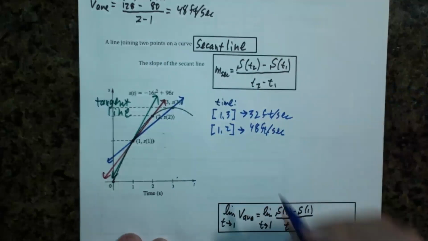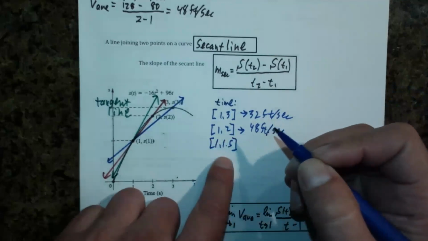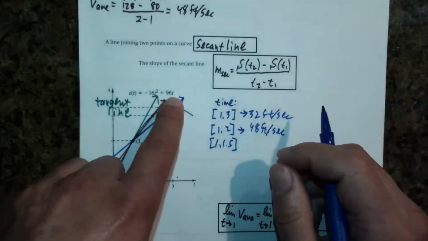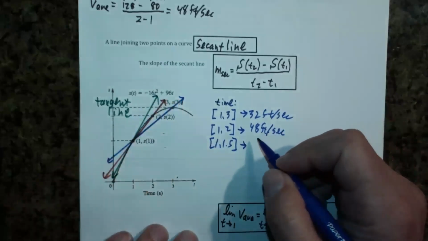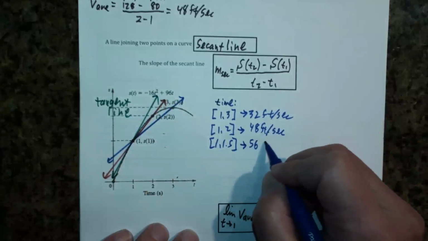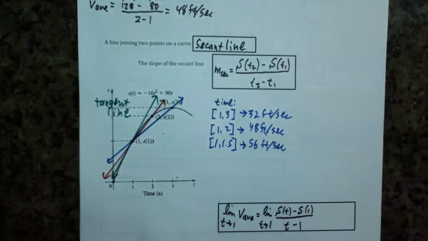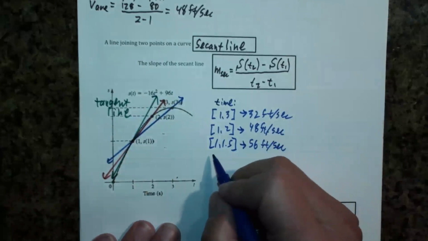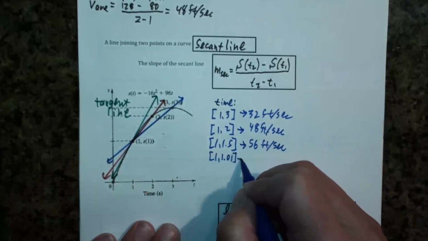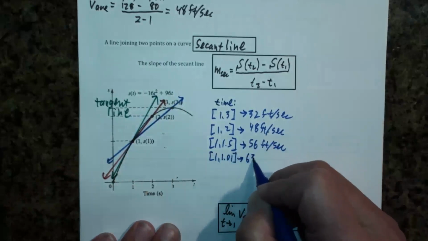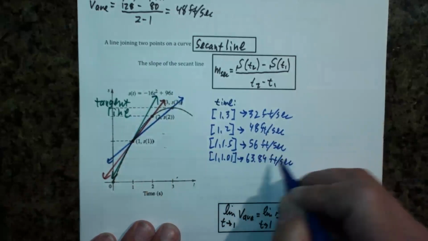And if we keep going, meaning I take 1.5 and I plug it into there and there, and then the one we already have, if we were to calculate that out, we would end up with 56 feet per second. You can verify all of this with your calculator. And if we go from 1 to 1.01, we're going to get 63.84 feet per second.